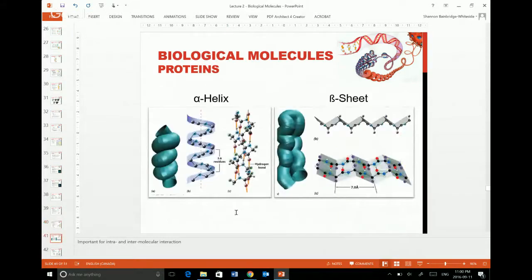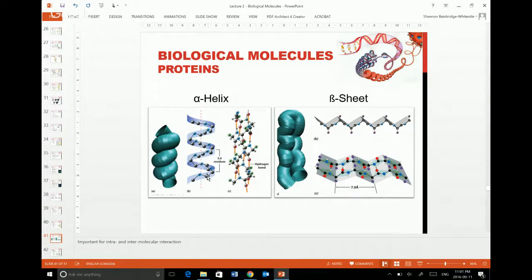As I said, the two most common secondary structures that we see are, first, the alpha helix. Just as you can imagine, when you have a very certain alignment of amino acids, in some cases they can wrap themselves up in a helix-type formation, and it takes on a very, very structured setup.